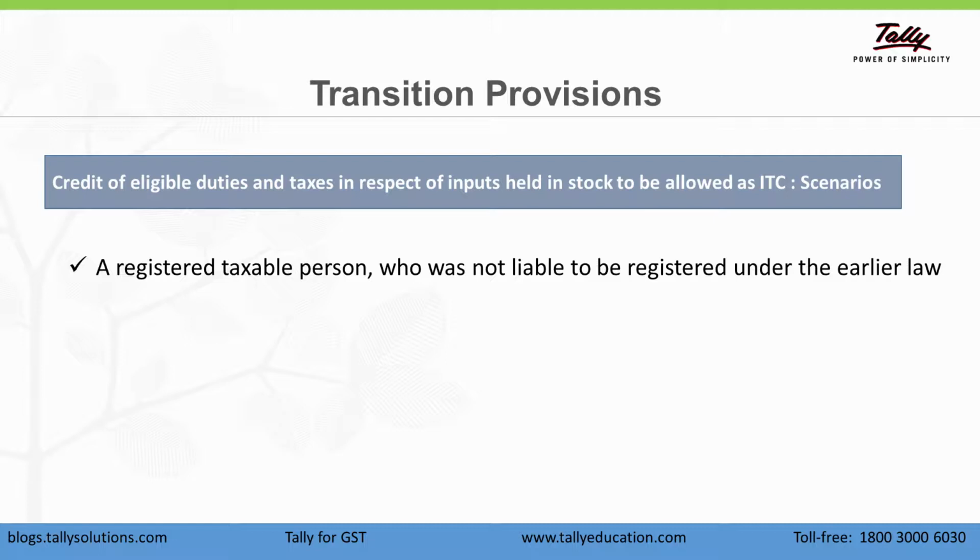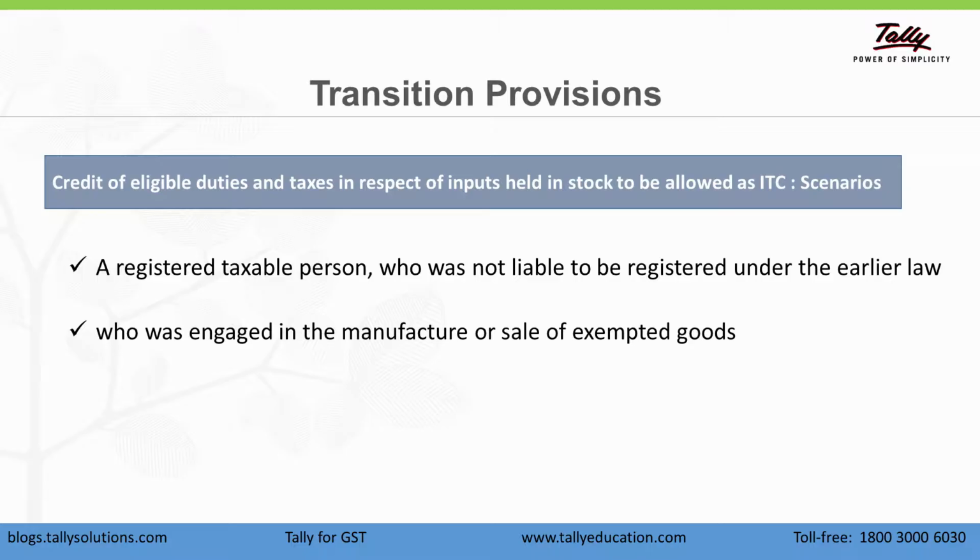For example, a manufacturing unit with turnover less than rupees 1.5 crores is not currently required to be registered under excise. However, under GST, many of such units will be required to register. Can they claim input credit of the tax paid by them on inputs in stock?